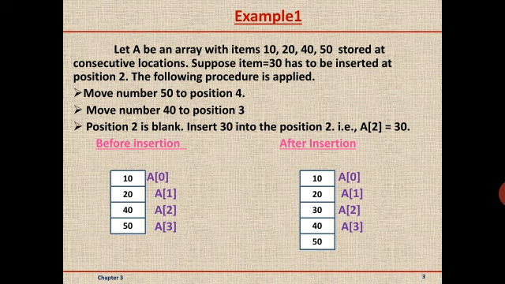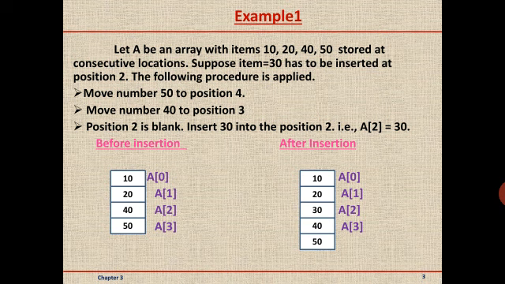Now to understand this algorithm with the help of an example, consider one array called A, which has elements 10, 20, 40, 50 and 60. As we know, in array the position begins with 0. So 10 is stored at position 0, 20 is stored at position 1, 40 is stored at position 2, 50 is stored at position 3, and 60 is stored at position 4.